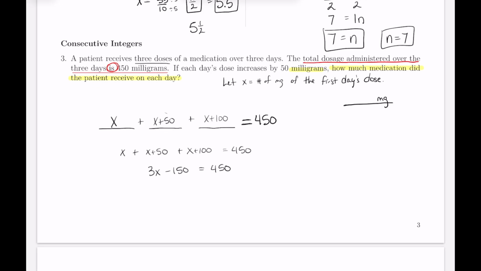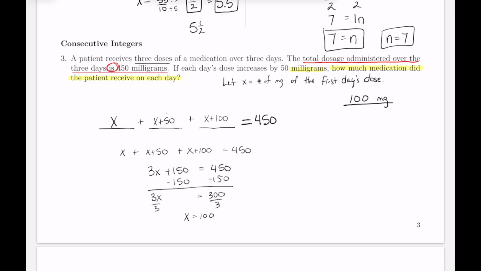I'll subtract 150. I get 3x equals 300. And then lastly, we'll divide both sides by 3 and get x is equal to 100. Now, specifically, it's 100 milligrams.